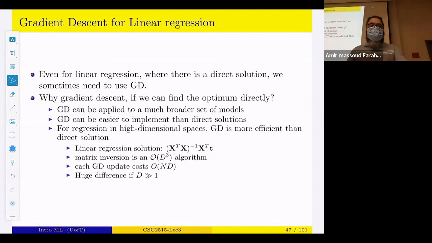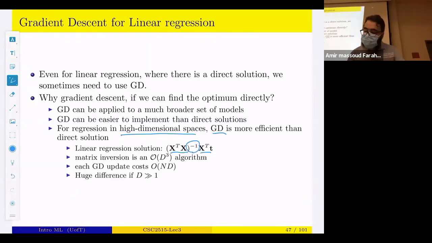But the other reason is that if the dimension D is high, then gradient descent can be computationally more efficient than the direct approach. To see why, consider the linear regression solution: X transpose X inverse times X transpose T. Just focus on the inversion part.